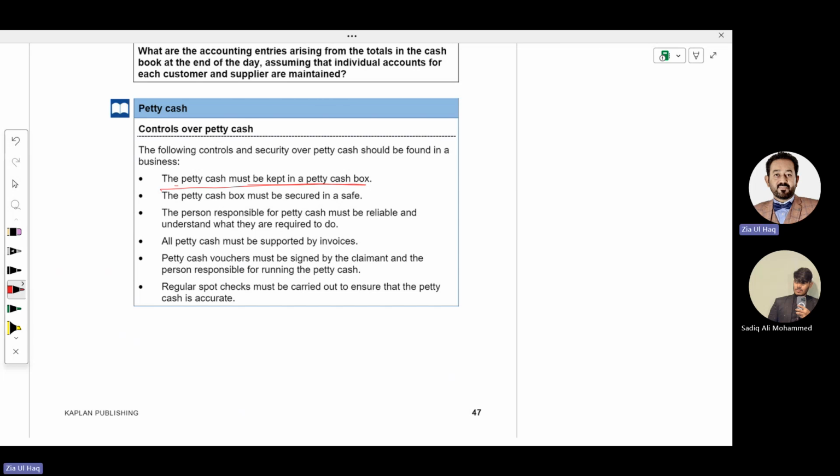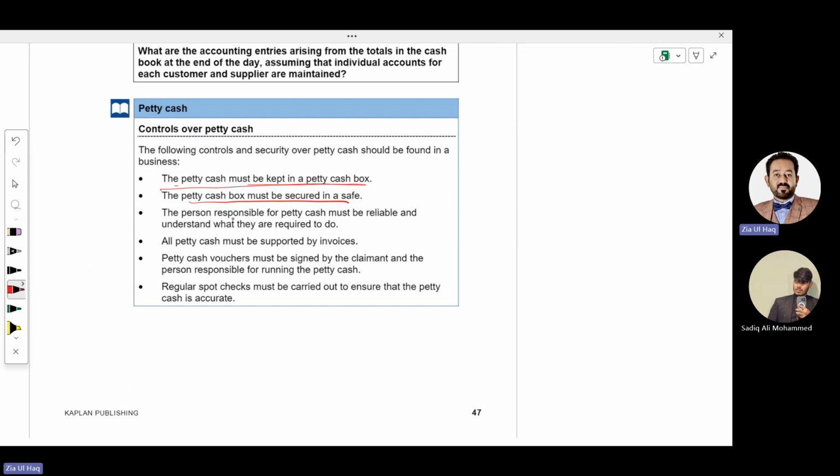So that's why the cash must be put in the petty cash box. And from that box, he will be paying the petty cash amount. The petty cash box must be secured in a safe. Mean that drawer must be locked so that the cash cannot be stolen easily.